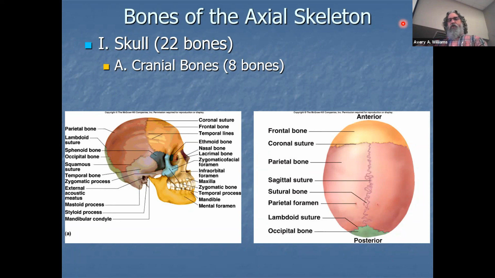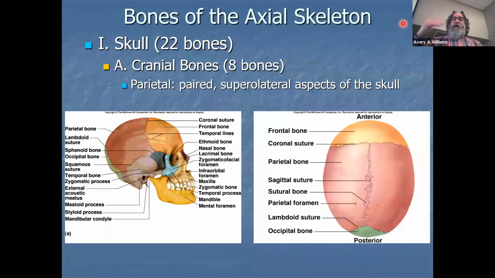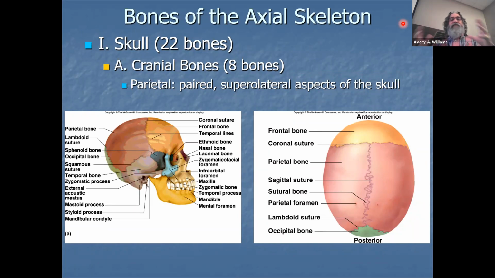Who are the 8 cranial bones? Well, I'm going to go through and define each of them and give you some general characteristics of them for lecture. Now, lab, we'll get into much more detail about the anatomy of each bone, but for lecture, I just kind of like to classify them and give you a description.